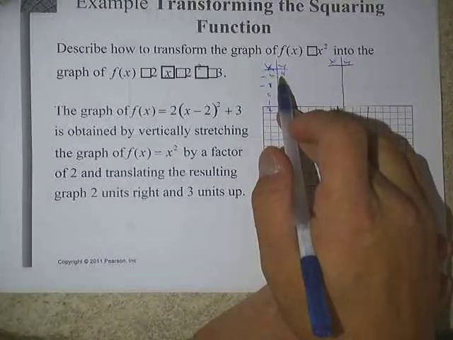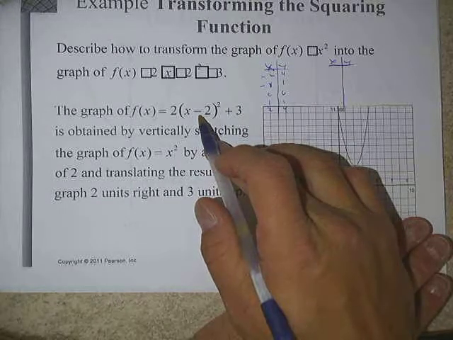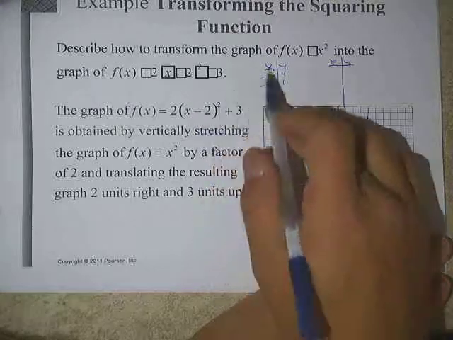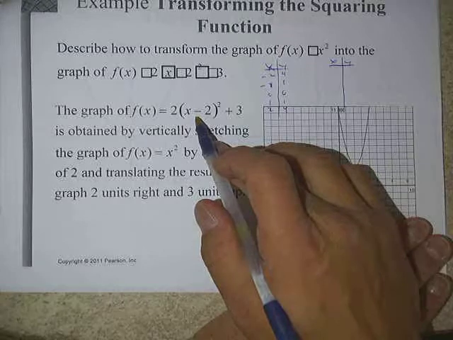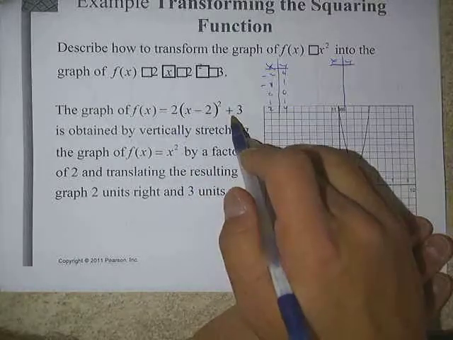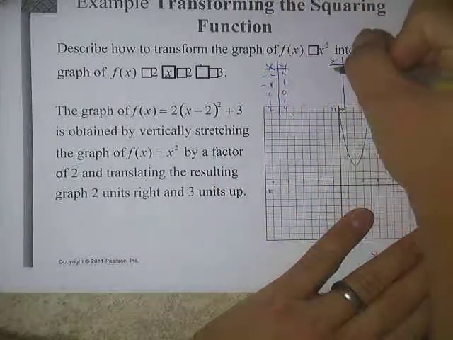Well, let's think about what would happen if I wanted to take the original point, starting with the -2, 4 point, and if I were to move that 2 to the right, what's that going to do to the x coordinate? If I'm at -2 and I go 2 to the right, it's going to put me at 0.